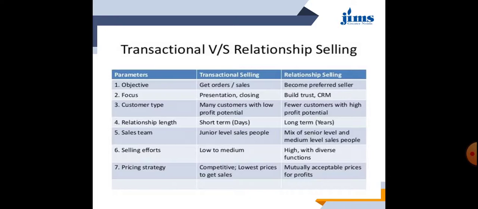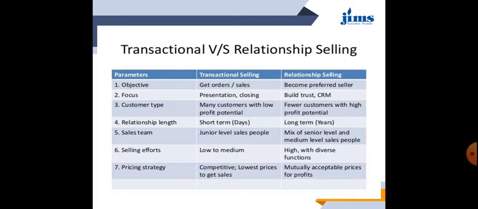Then the sales team in transactional selling may include junior level salespeople, whereas the sales team for relationship selling would include a mixture of senior level and medium level salespeople. Then transactional selling efforts are low to medium, and in relationship selling, since the focus is on winning the customers for a longer period of time, for the future, the selling efforts are very high, using diverse functions.